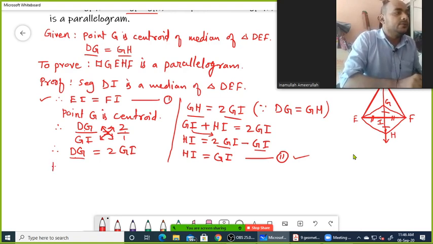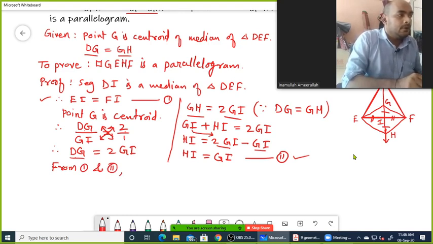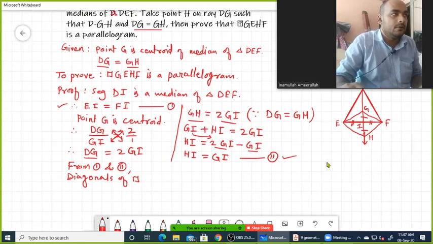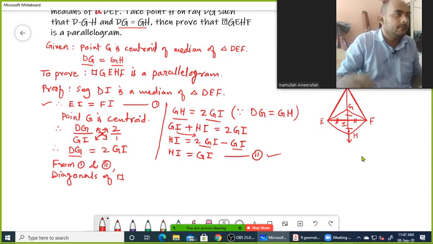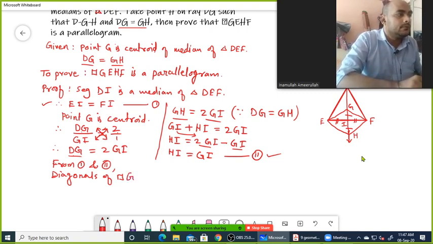So here we will mention, from 1 and 2, it is clear now that the diagonals of quadrilateral GEHF bisect each other.